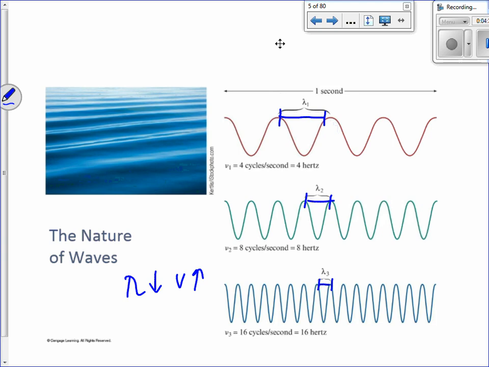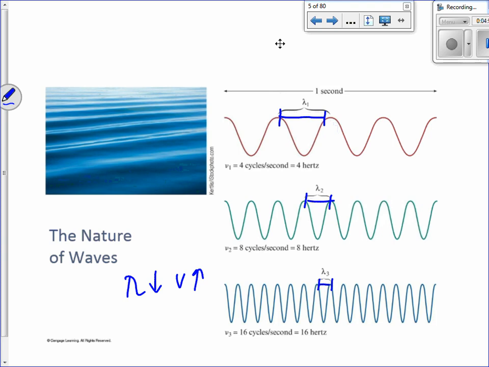And later on, we'll be attaching energy into this as well. And things that have higher frequency, guess what? They have higher energy and are more penetrating, like gamma rays and X-rays on the spectrum. Much higher energy because their frequencies are much higher. Okay?